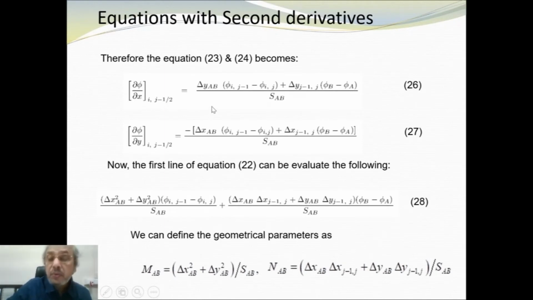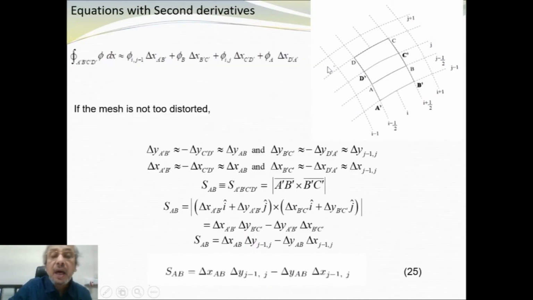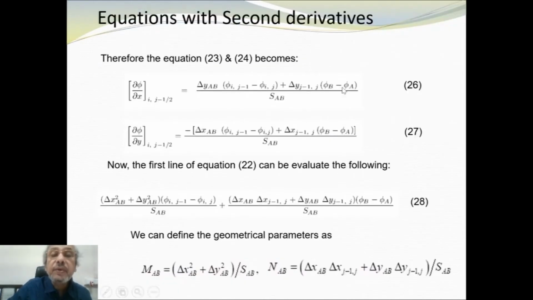Whatever we have done, this is the phi dy expression, and then you have to divide it by the area, so we get this expression, which is delta y AB into phi ij minus 1 minus phi ij plus delta y i minus 1 j into phi b minus phi a divided by the area.